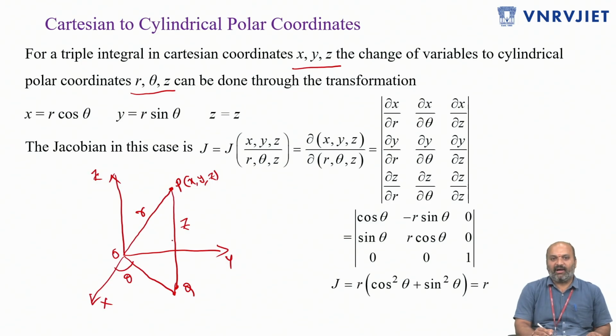So this is the meaning of r, theta and z. The transformation we use here is x equals r cos theta, y equals r sin theta, and z equals z itself.